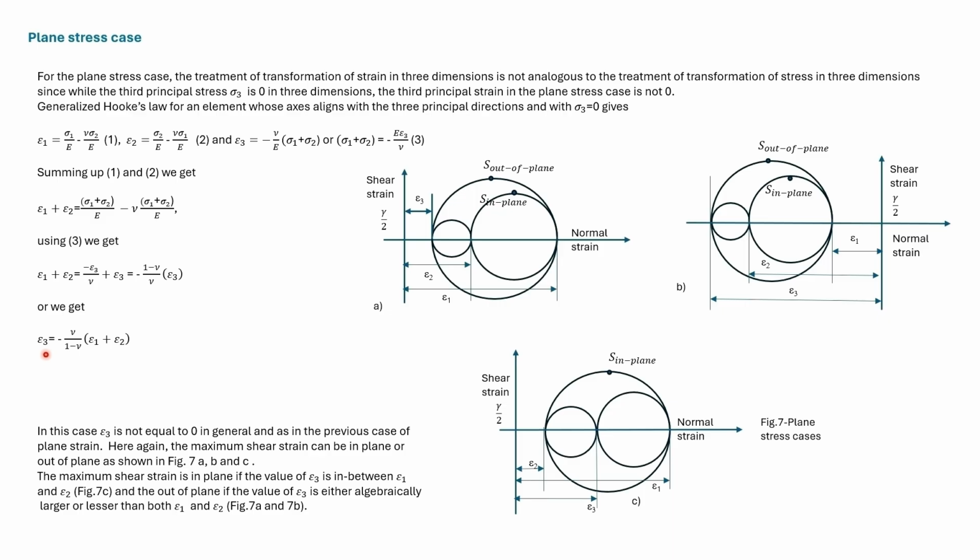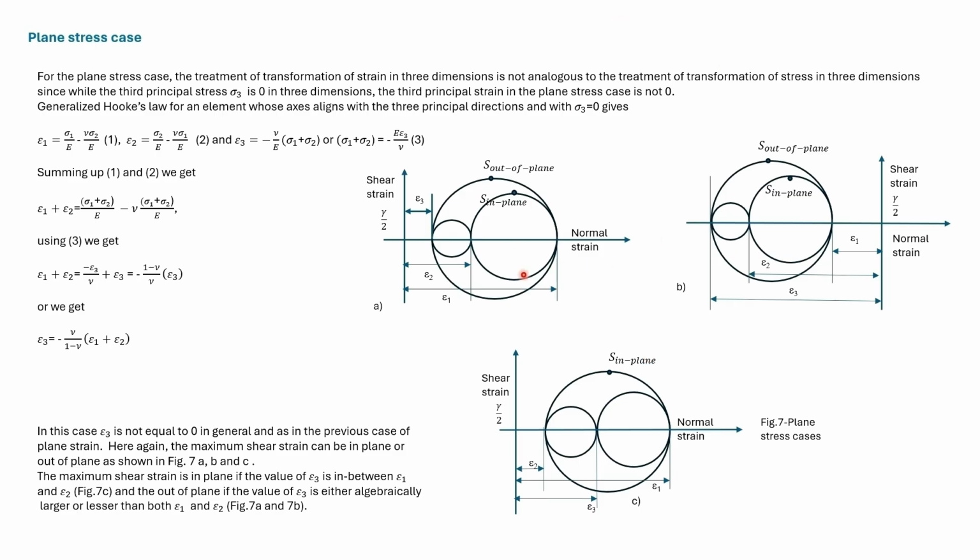If epsilon 3 is algebraically in between epsilon 2 and epsilon 1, then the maximum in-plane shear strain is also the absolute maximum shear strain.